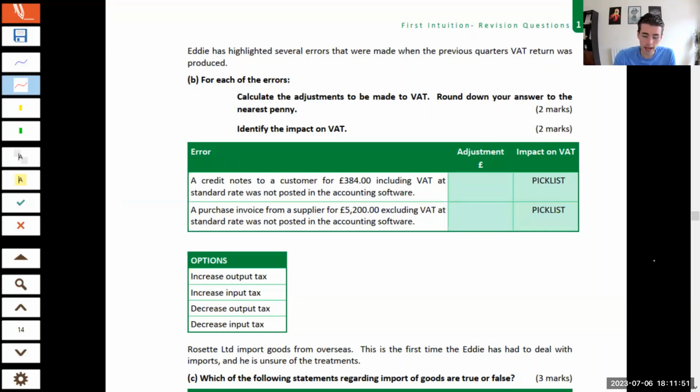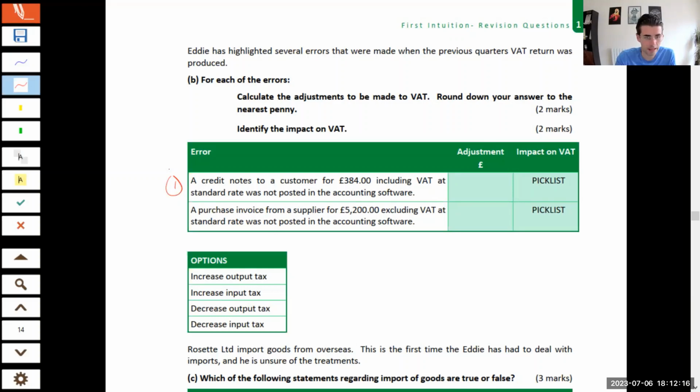Okay. It's also asking me to identify the impact on VAT. So I've got two errors and a list of options for the impact. Let's look at the errors first of all. Error number one, a credit note to a customer for £384, including VAT, at the standard rate was not posted in the accounting software.